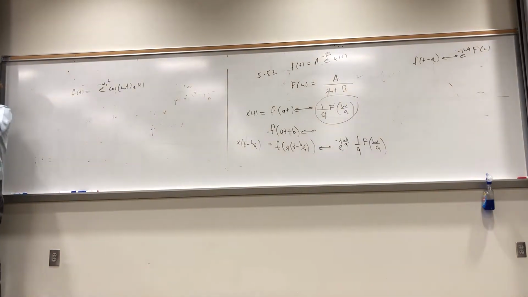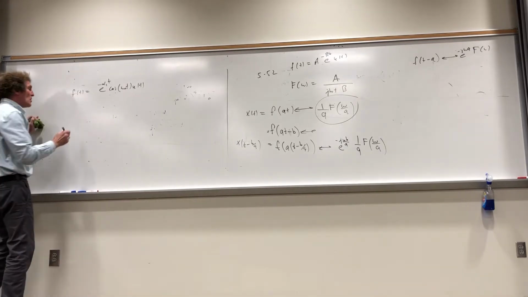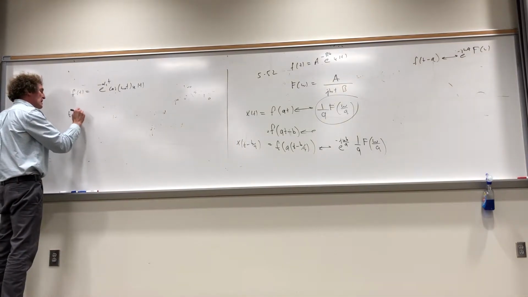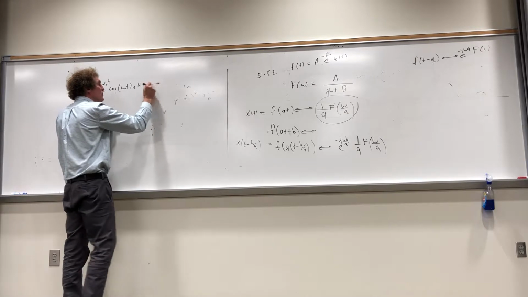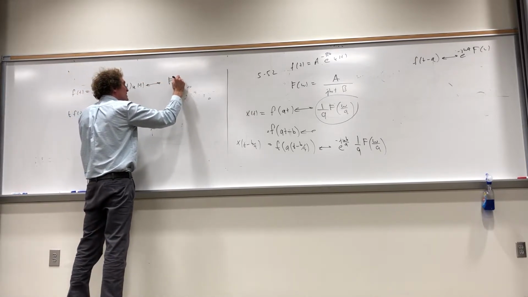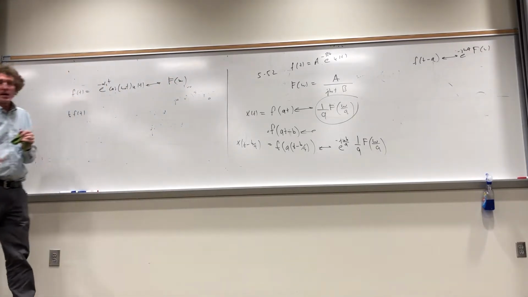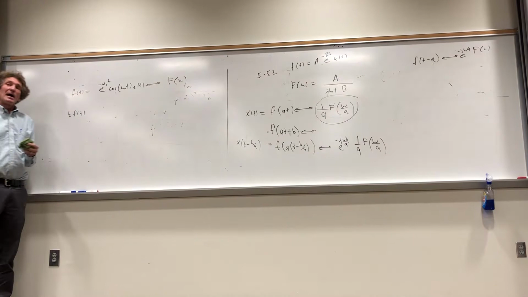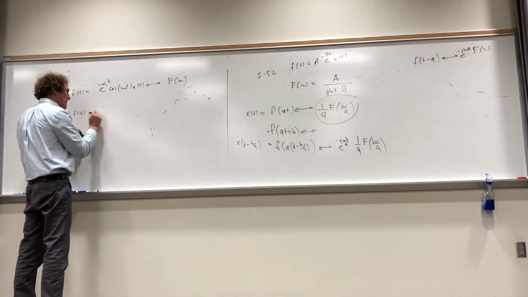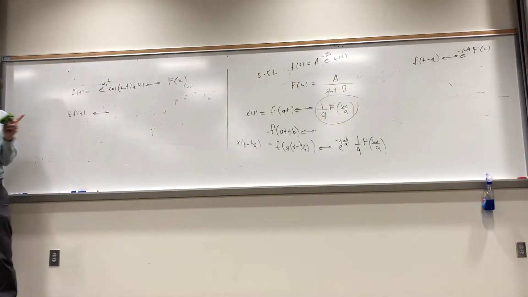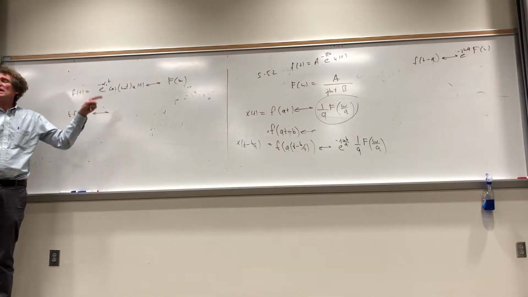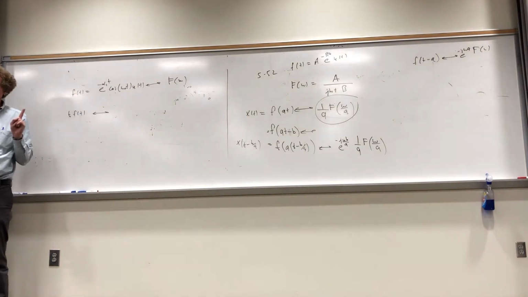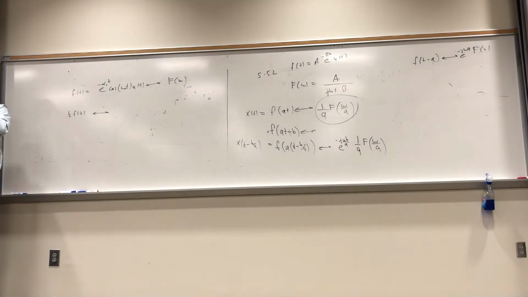Now I can come up with a bunch of questions. I could say, well, what is t f of t going to be? Let's just assume this goes to a well-known F of omega. Leave it as F of omega for now. We don't care about it. We know what it is. All right, what does t f of t do, class? Think about it now. If it was S domain, if it was Laplace, it would be what? Minus d ds of F of s, right? But in this case, it's going to be what? j times the derivative.